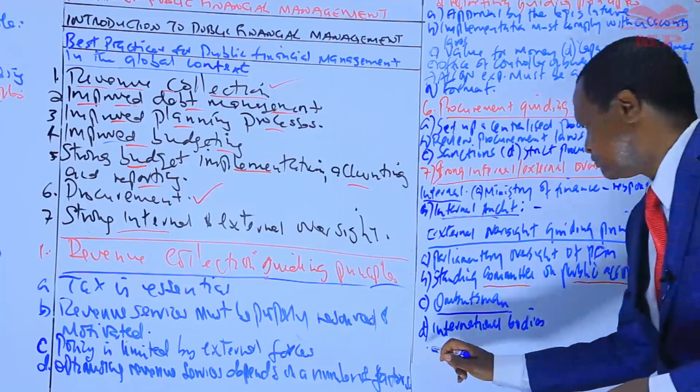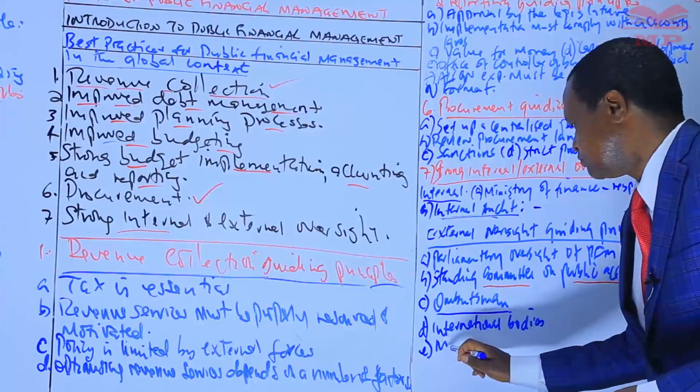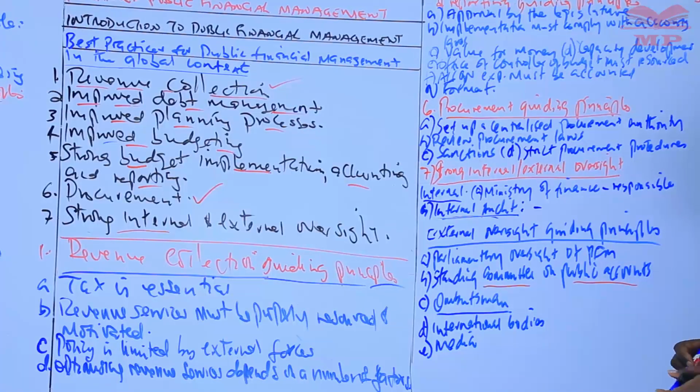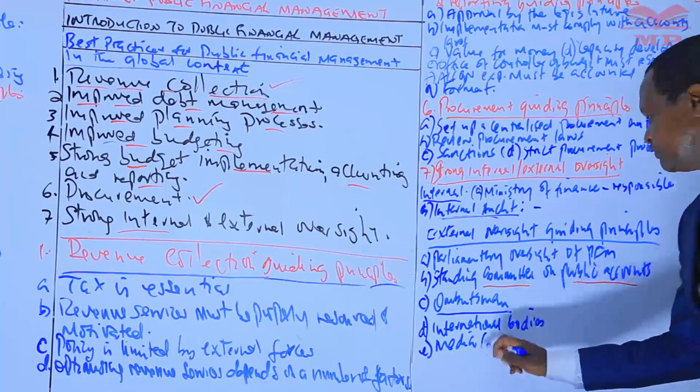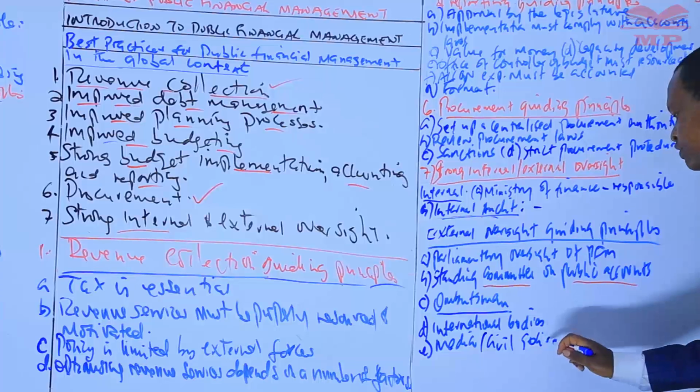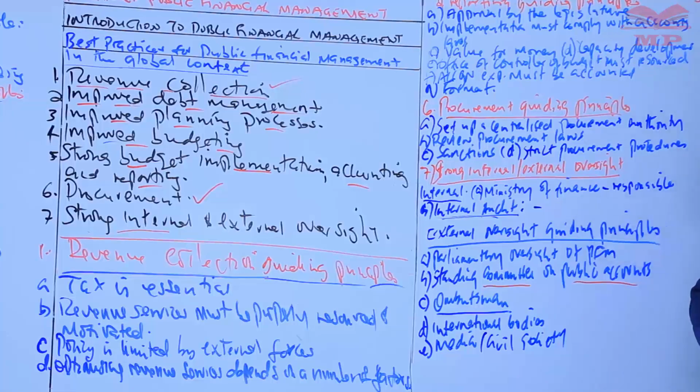Media. Media is another external oversight. It can also play external oversight functions. The media, including the civil society groups.